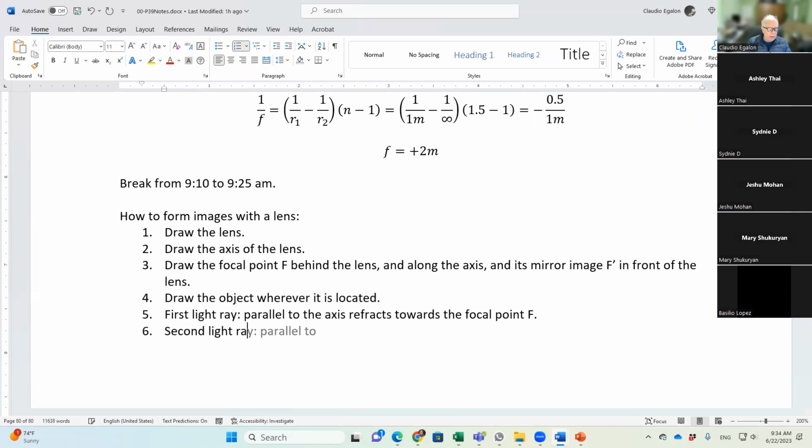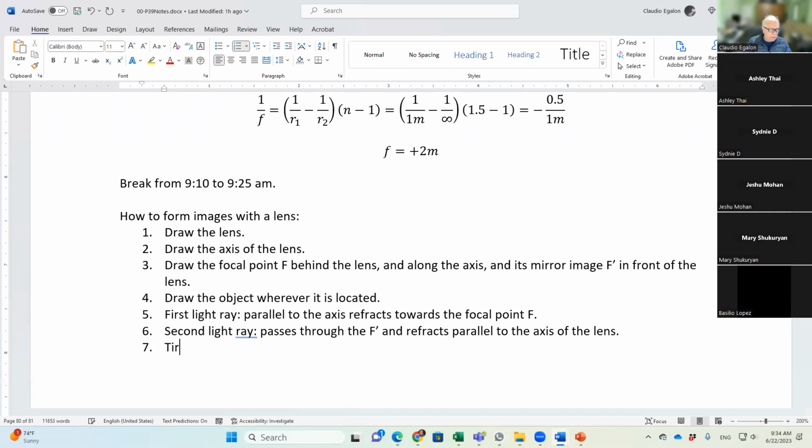Second light ray passes through F prime and refracts parallel to the axis of the lens.